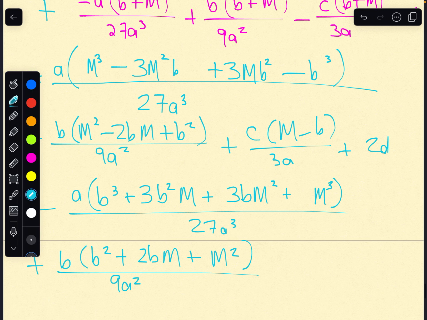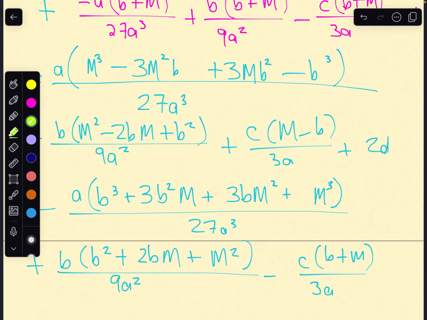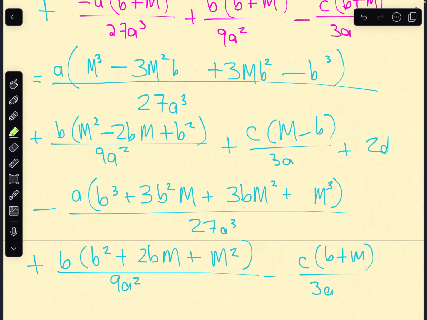Okay, next term, minus c times b plus m, and then the d's we've already sorted out. Now I want to look at, is this the thickest it gets? Yes, it is. Wow. I want to look at, it's not even just the top, it's really this whole thing.